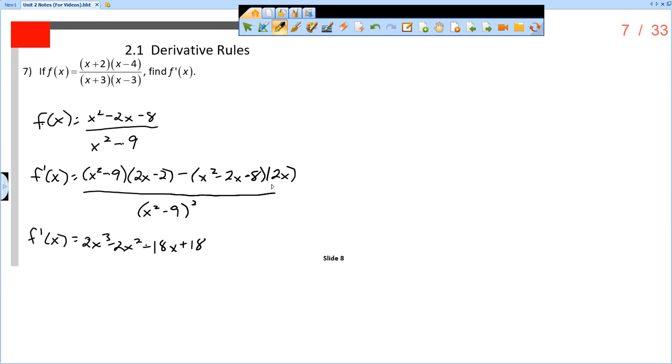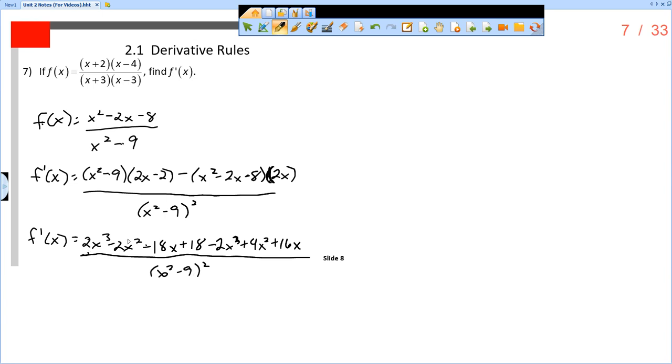Here I'm distributing the 2x and I'm distributing the minus sign. So minus 2x cubed plus 4x squared and then plus 16x, all divided by x squared minus 9 quantity squared.